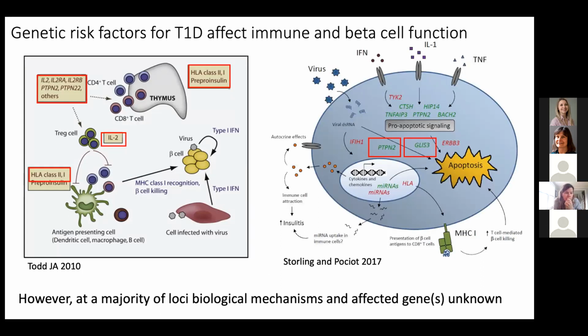There's also likely a component that involves beta cells and intrinsic functions of beta cells themselves participating in their own demise as part of the disease process, and several genes have been demonstrated to affect beta cell function in the context of type 1 risk, but then of course a majority of loci for type 1, as with other complex disease, the biological mechanisms, cell types, and the genes that are ultimately affected are largely unknown.